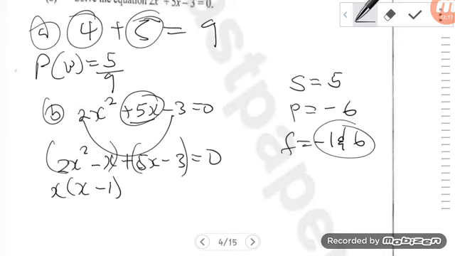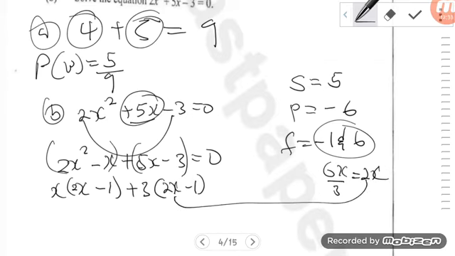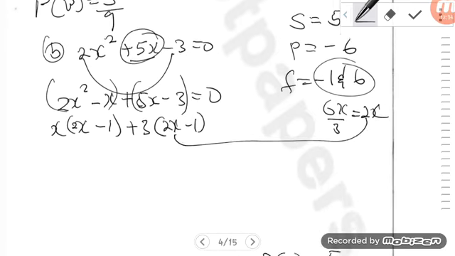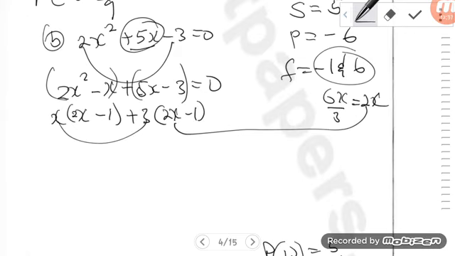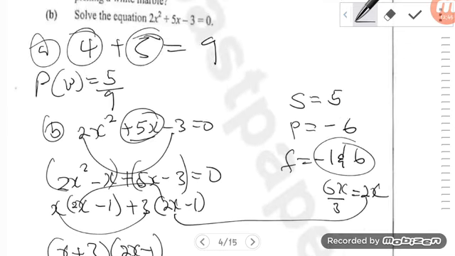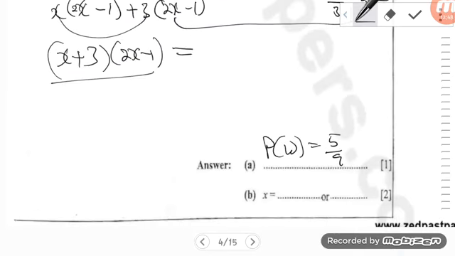Then here 3 is common, so 3 times 2x minus 1, because 6x divided by 3 is 2x. Since we have the same thing inside, we group them and say 2x minus 1. We have factorized, but we need to solve them. Remember, this is equal to 0.